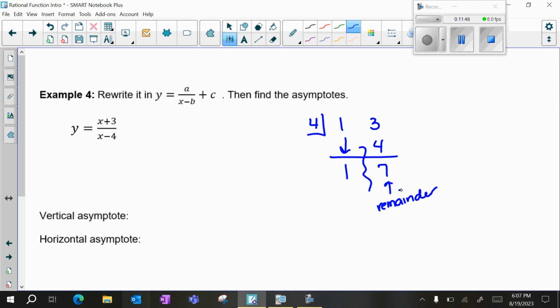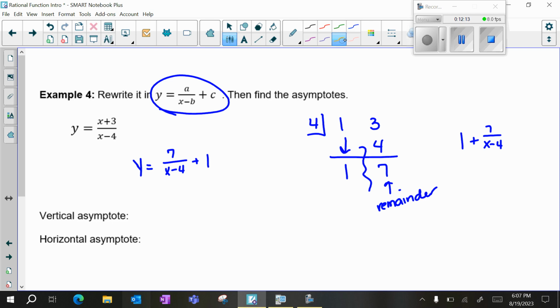So my quotient is 1 plus 7 over, remember your remainder always goes over the divisor. So for us, if I was dividing, it would be in this form, quotient plus remainder over divisor. But for us, we want it in this form here. So I'm just going to reverse it and make it y equals 7 over x minus 4 plus 1.